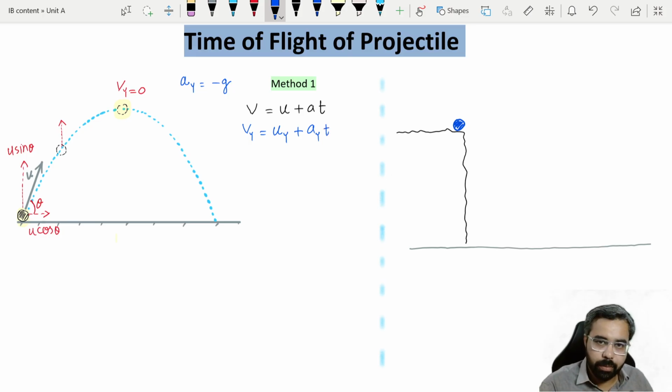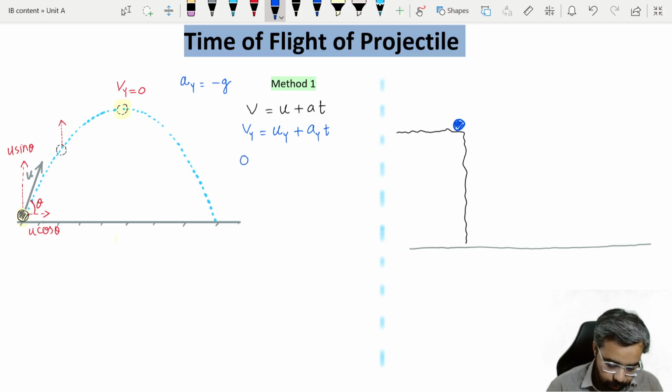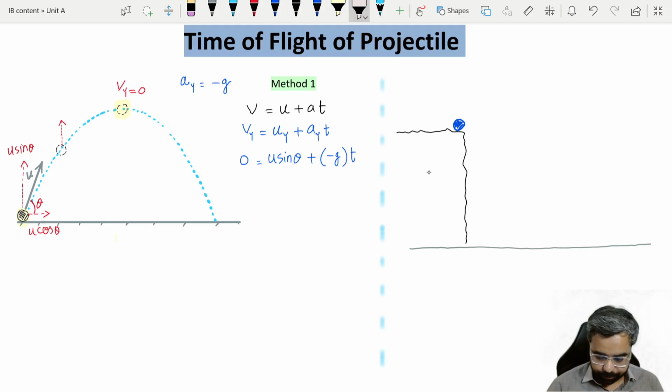We have transformed the suvat equation for the vertical component of motion. So what is v_y? Because we have considered the maximum height as our final position, it is 0, and initially it is u sine theta, plus acceleration due to gravity, negative g, and the time is t. This is the time the ball will take to reach the maximum height.